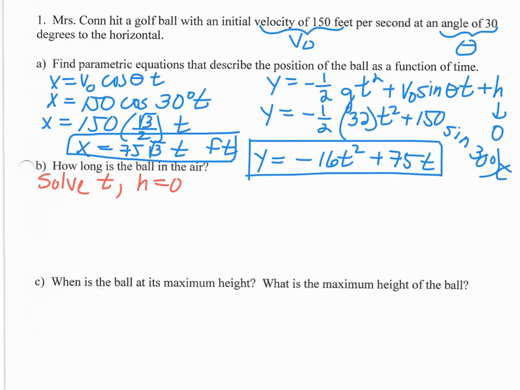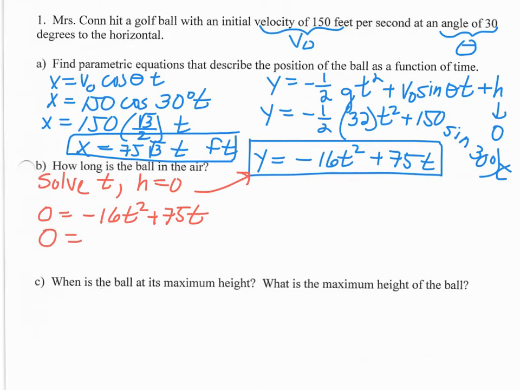If I'm thinking about a height equation, anytime I'm talking about height, we're going to be talking about my y. So if the height is 0, I'm going to set y equals 0 equals this equation we just came up with. Some of these numbers are going to be pretty awful.